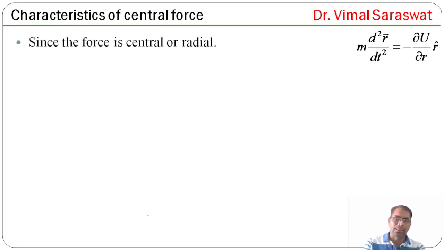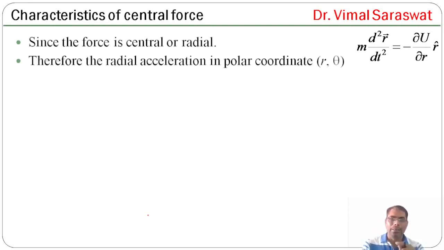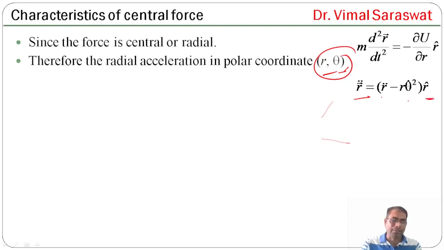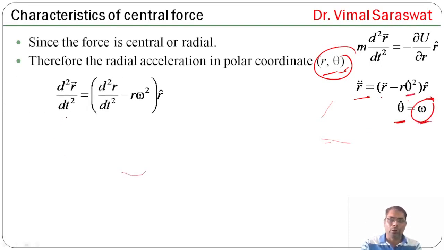Since the force is central or radial, therefore the radial acceleration in polar coordinates, r theta, will be r double dot minus r theta dot square into r cap. And theta dot is d theta by dt, which is angular velocity, represented by omega. So theta dot can be replaced with omega. So d2r upon dt2 is equal to r double dot minus r omega square r cap.